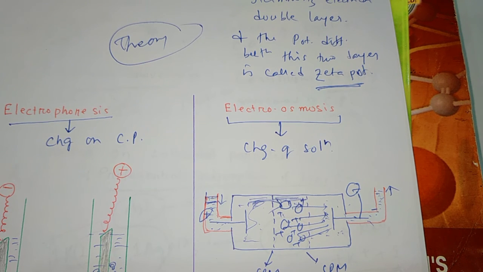In that case the colloidal salt becomes positively or negatively charged, and the solvent remains with the opposite charge. The charge on colloidal particles is proved by electrophoresis, and the charge on the solution is proved by electroosmosis. Thank you, student.